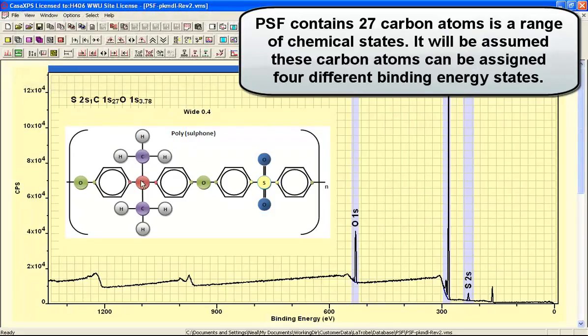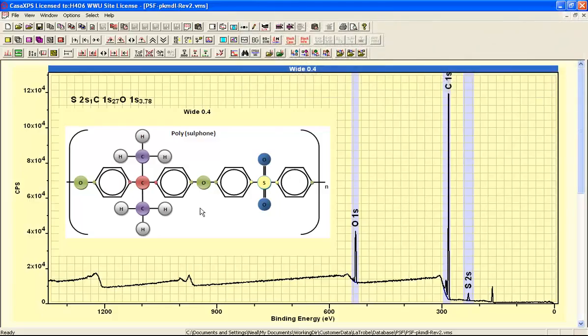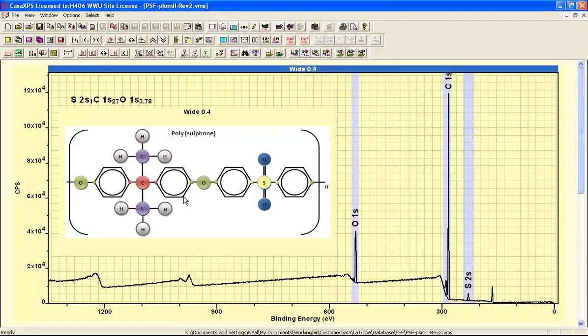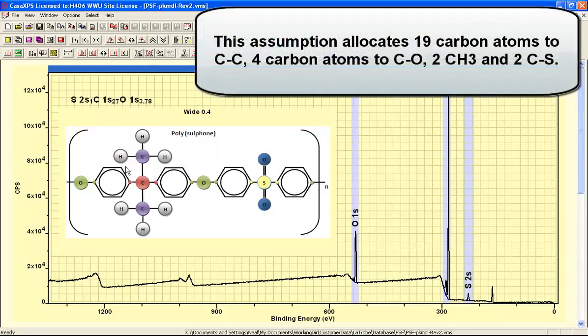When constructing a peak model for a carbon 1s spectrum, we need to consider how many peaks there are within this peak model, and we also need to consider the relative intensity and any shifts in energy due to bond state. So the first job is to identify, out of these 27 potential carbon atoms, the different bond states that are equivalent.